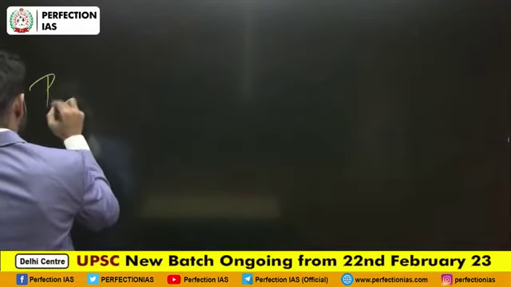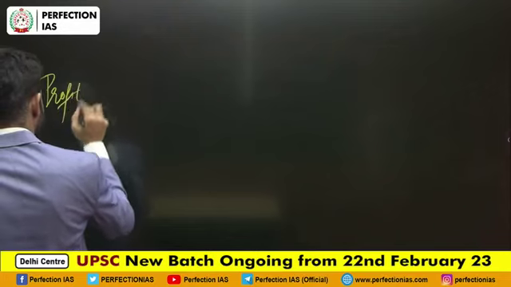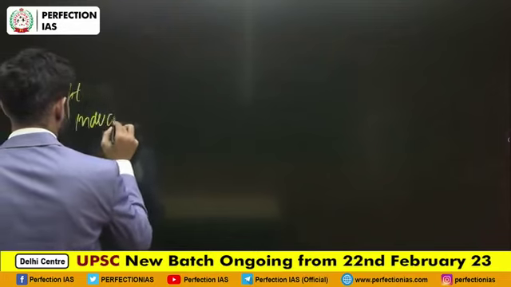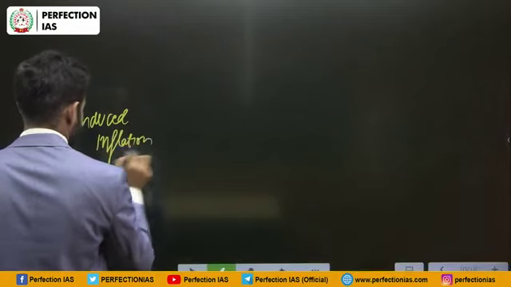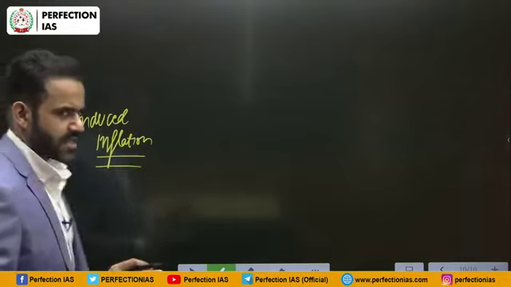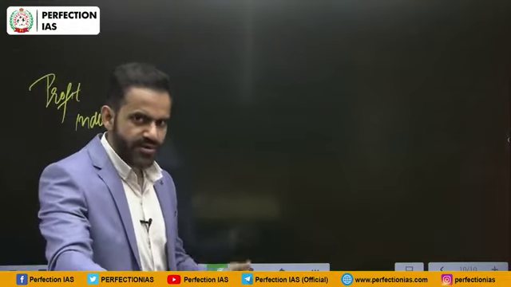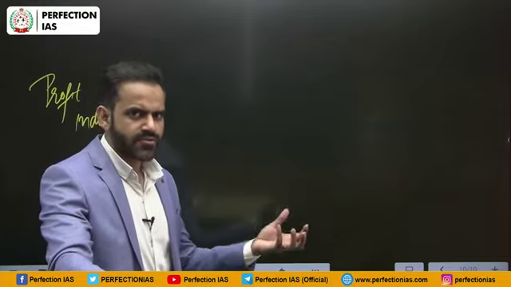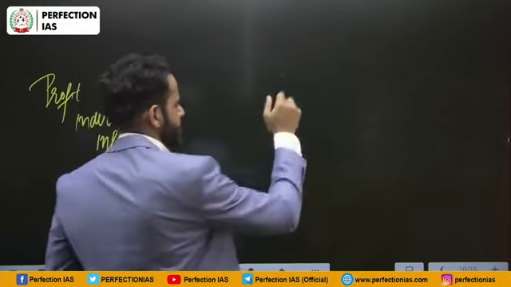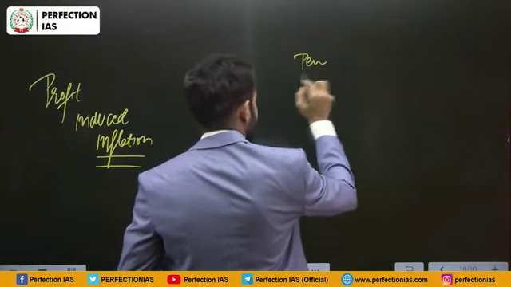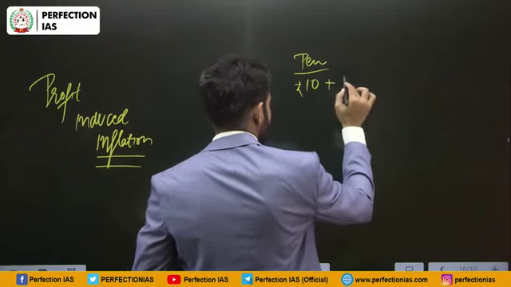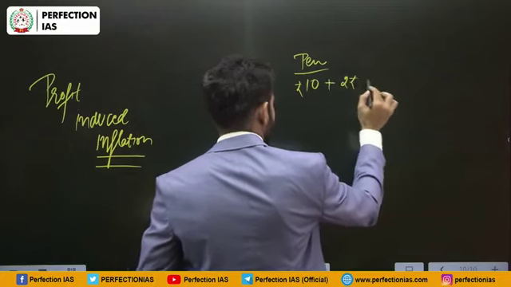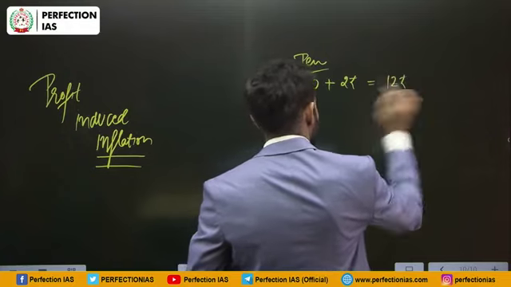Next type is profit induced inflation. In simplest term, it means the companies want to increase their profit, therefore they have increased the cost of their product. Suppose let's consider this pen again. Previously the cost of production of this pen was 10 rupees, profit was say 2 rupees and the price was 12 rupees.